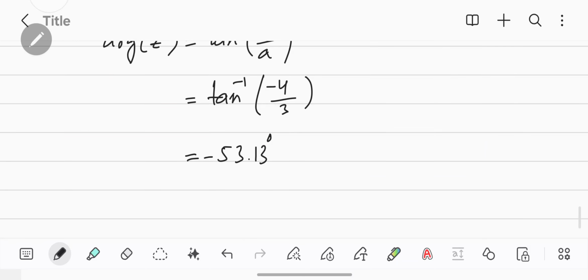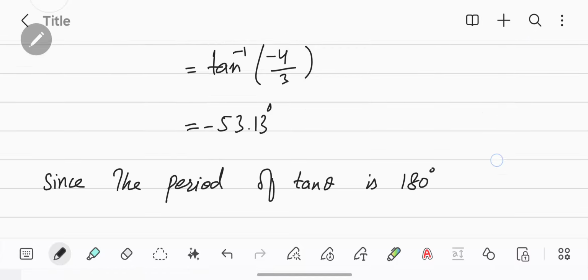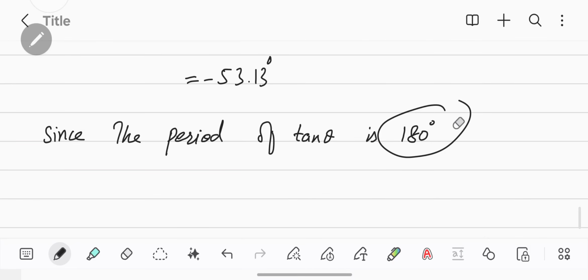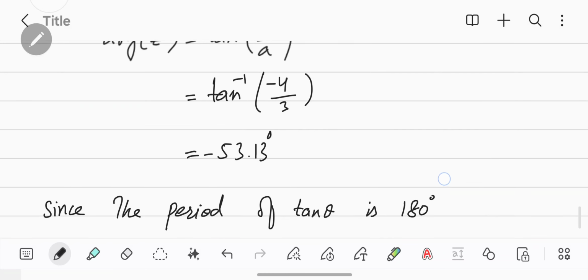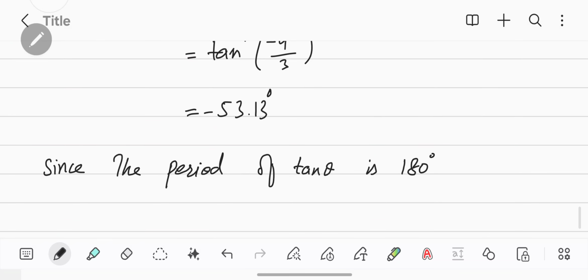Since the period of tangent theta is 180 degrees or pi radian, that means I can add or subtract 180 degrees from this angle. Either I can add 180 or I can subtract.